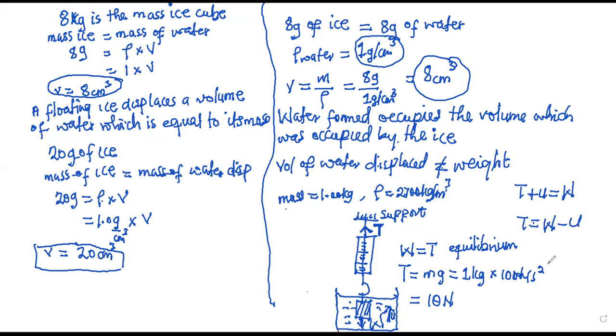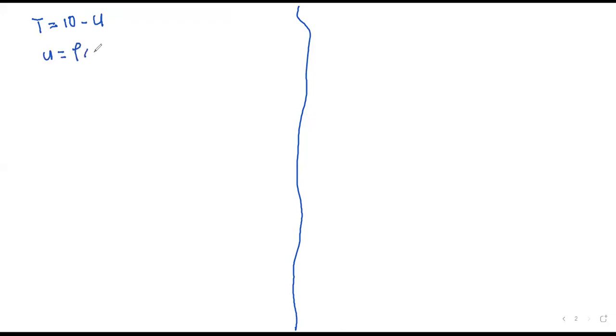Let me open a new page. So when immersed, the tension in the spring will be equal to the object weight, which is 10 Newton, minus upthrust, U. And upthrust is equal to density of the liquid times volume of the liquid displaced times gravity. The liquid is water, so the density is 1000.